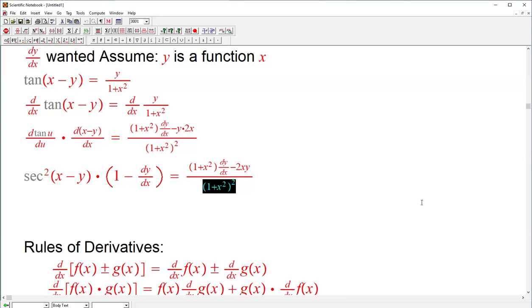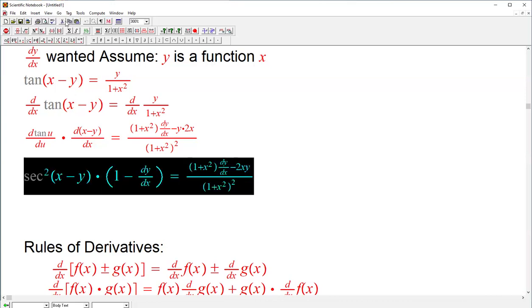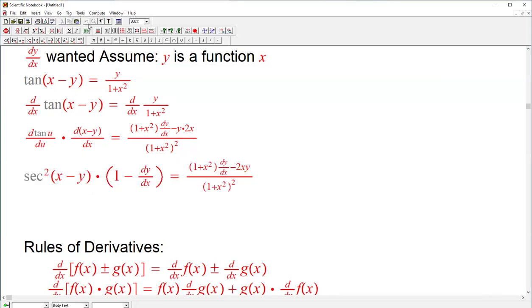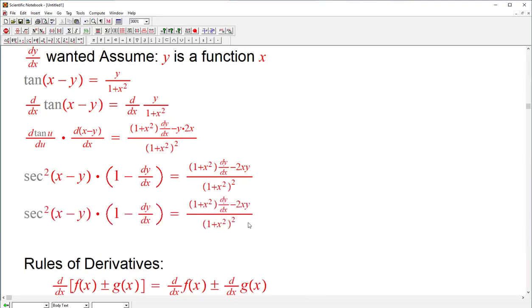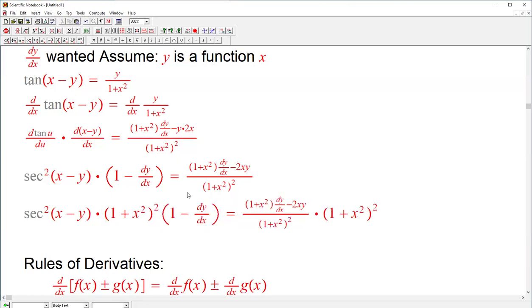So let's do it one at a time. First, we want to get rid of the denominator. How do we get rid of the denominator? Well, multiply both sides by the entirety of the denominator. So we're going to multiply this piece on both sides. I'm going to multiply that on this side too. Okay?